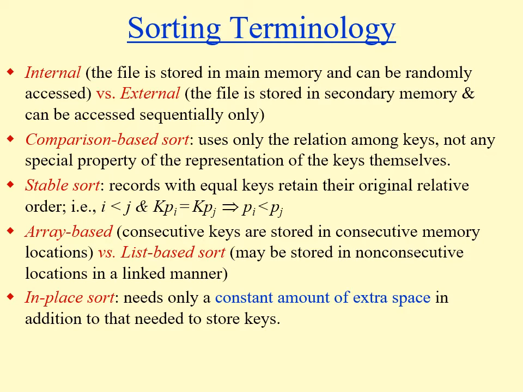If you want to sort externally, you have to use a physical way to access data: first rotate the disk, then position to that location, and then access. That will be a bottleneck of the sorting.